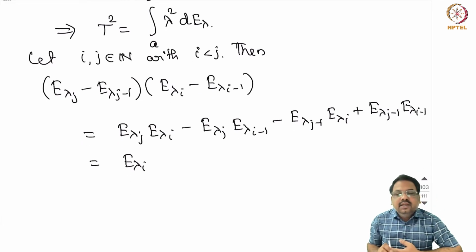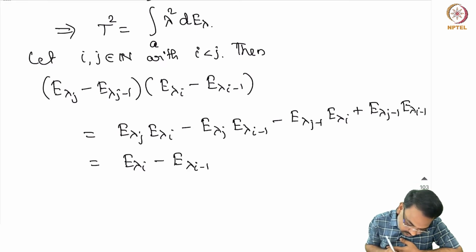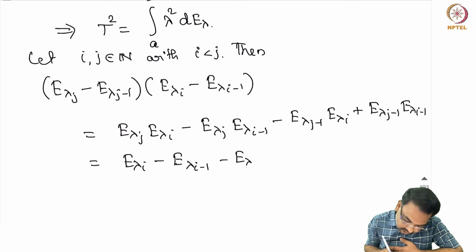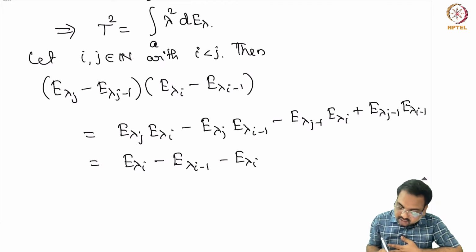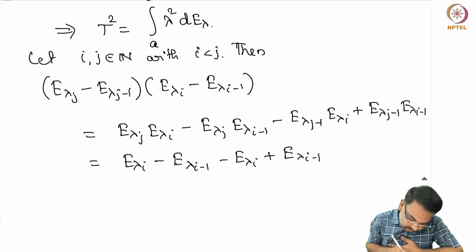When i is strictly less than j, i minus 1 is less than or equal to j, so we will get E lambda i minus 1. Here also when i less than j, i is less than or equal to j minus 1, so here we will get E lambda i, and for the last one, i minus 1 is less than or equal to j minus 1, so we get E lambda i minus 1, so you will get that this is 0.